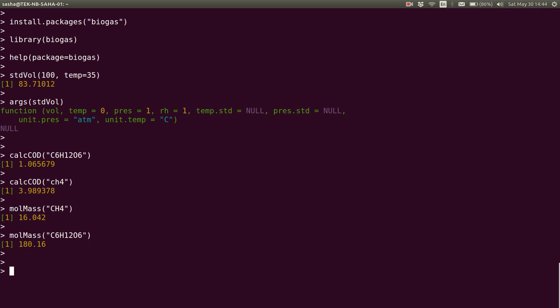Interp is used to interpolate gas composition or cumulative production, or it could be used for interpolating anything. Internally it calls up the interpolation functions that are available in the base packages in R. So let's take a look at some example data.